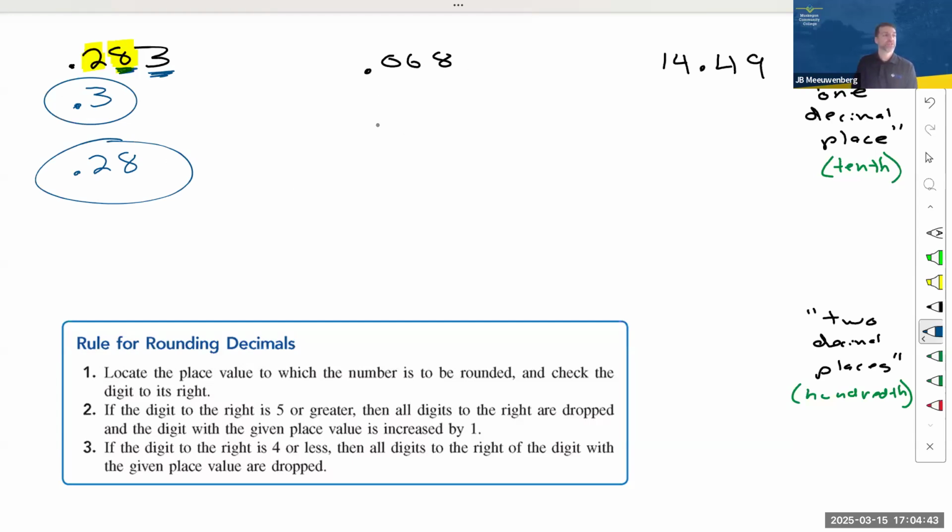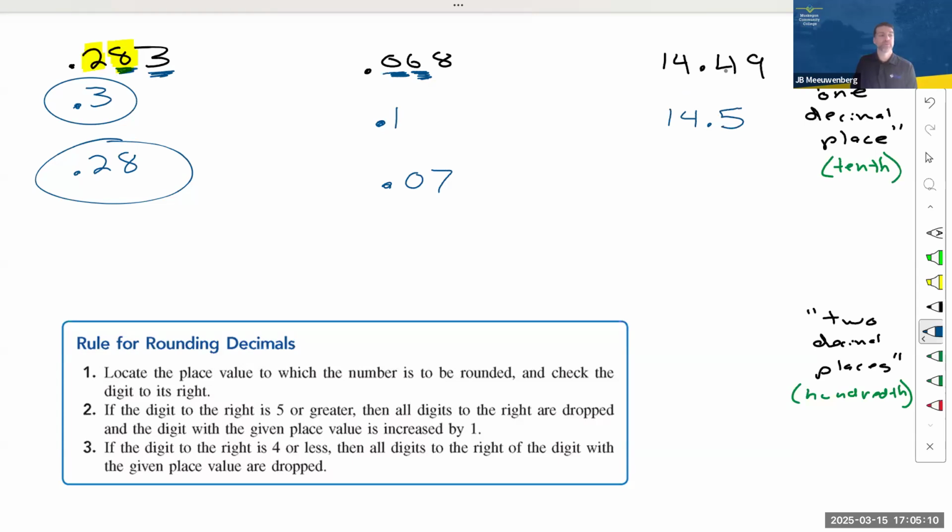For the next one, 0.068, this would round to 0.1 or 0.07. Here's 1 decimal place. The 6 is going to round the 0 up to a 1. If we're rounding to 2 decimal places, the 8 is going to round the 6 up to a 7. For this final one, we will have 14.6.